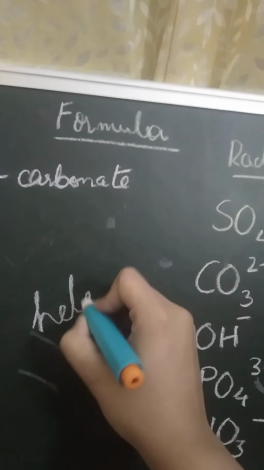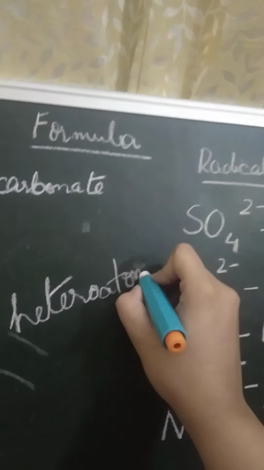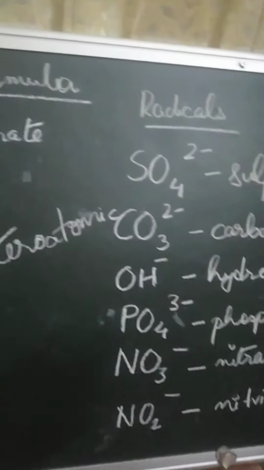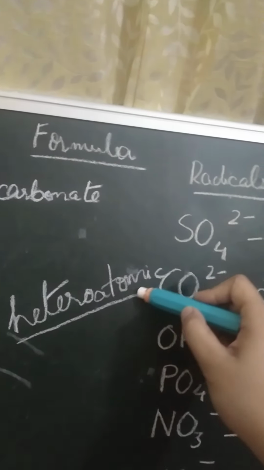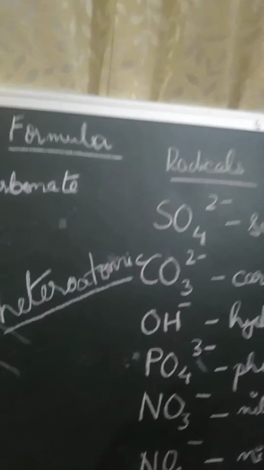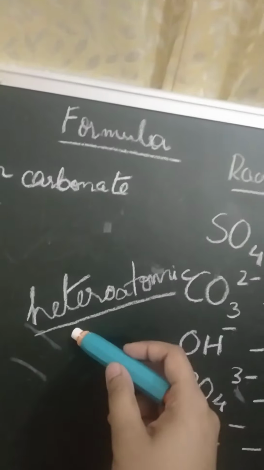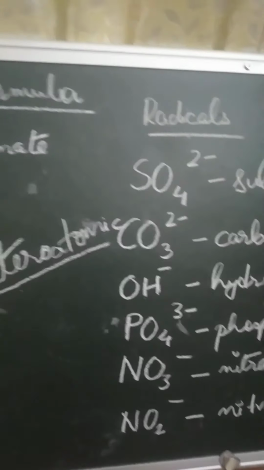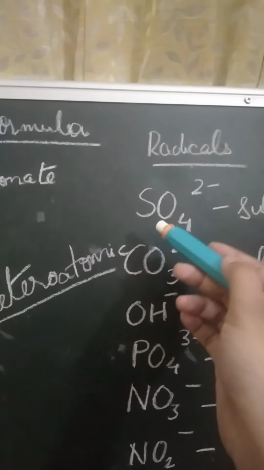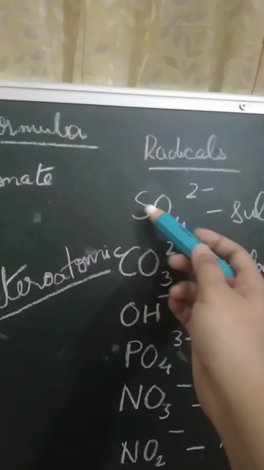Okay, so when we say radicals, what will the definition be? In the case of radicals you have to just remember that they are heteroatomic. I already said about the word homoatomic. In the case of radicals you have to understand that they are heteroatomic species. Species means a collection of likewise objects. Just like I said, heteroatomic means they will consist of different types of atoms.